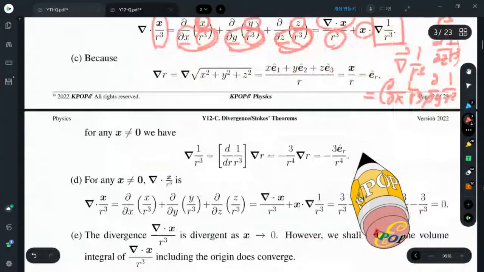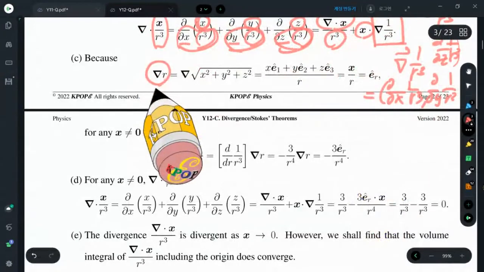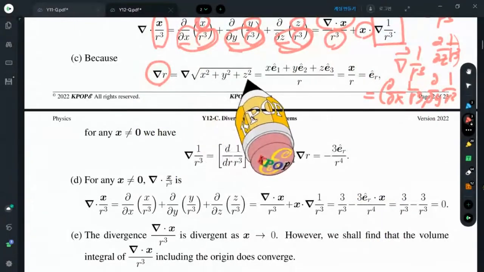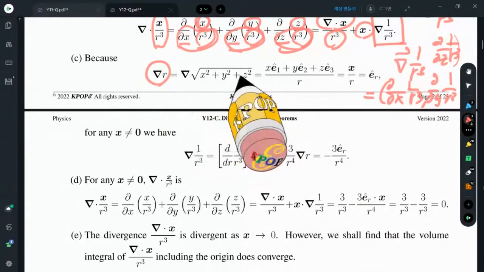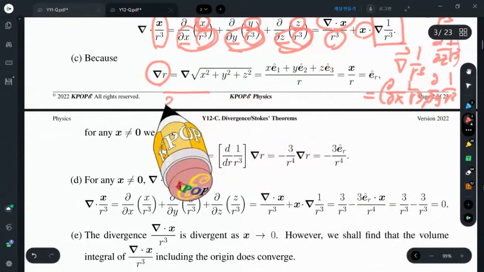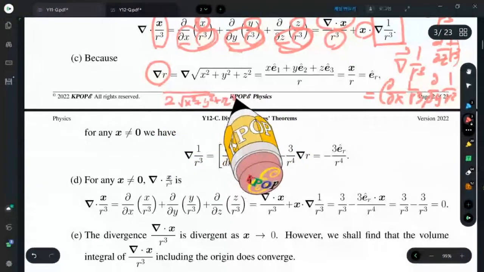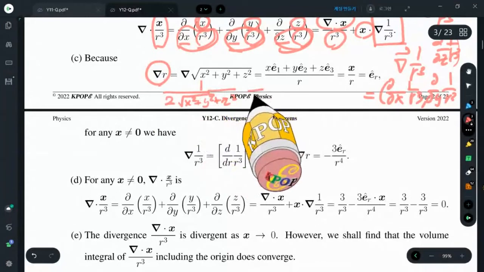All right, the gradient of r. r is the square root of x squared plus y squared plus z squared. If I take the derivative, it is x squared plus y squared plus z squared, and then the chain rule.